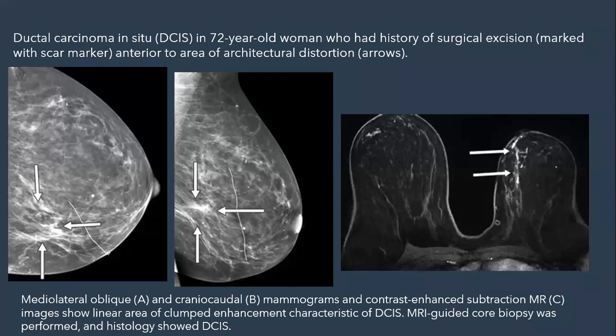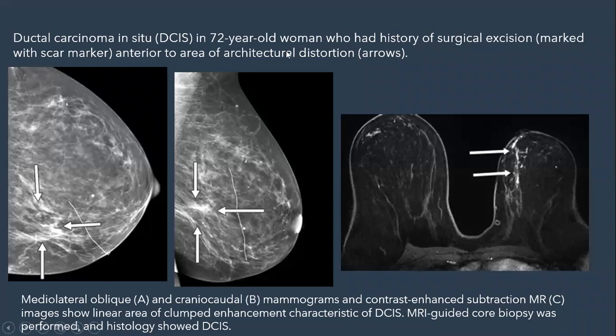This is the area on the mammogram and contrast MRI, the area of clump. What about the mediolateral oblique? Enhanced subtractions, area of distortion.